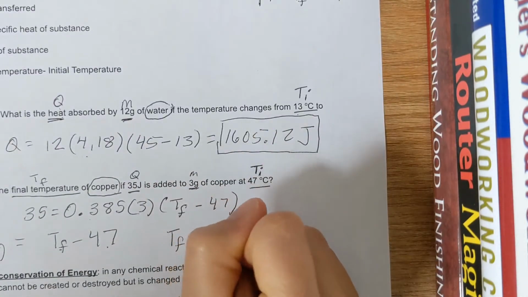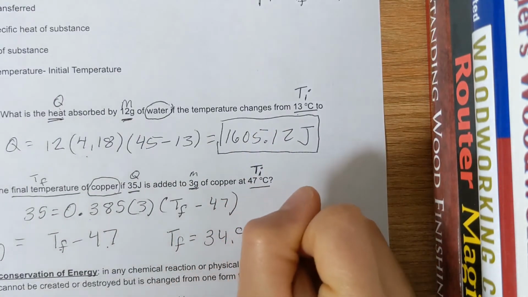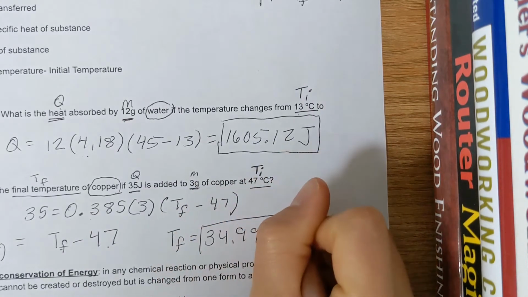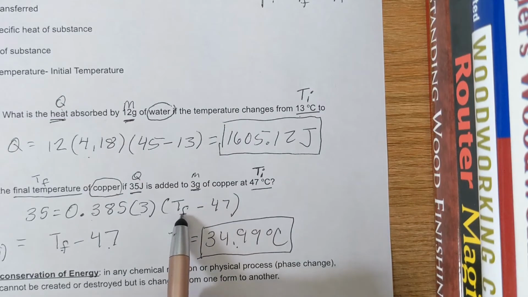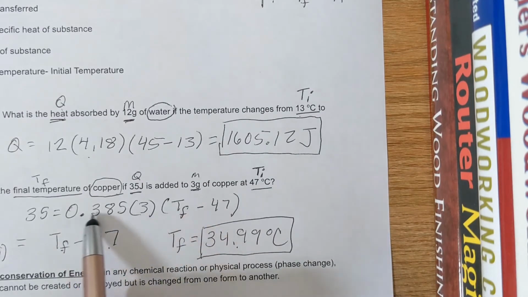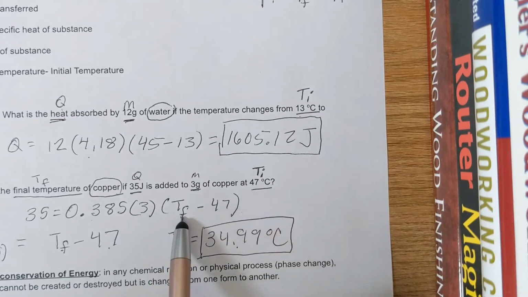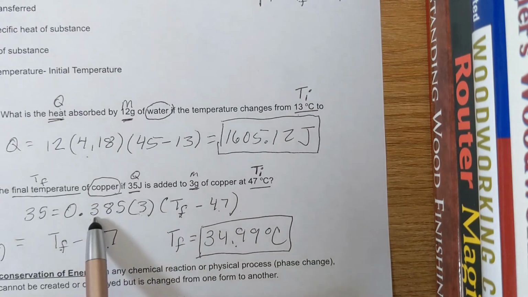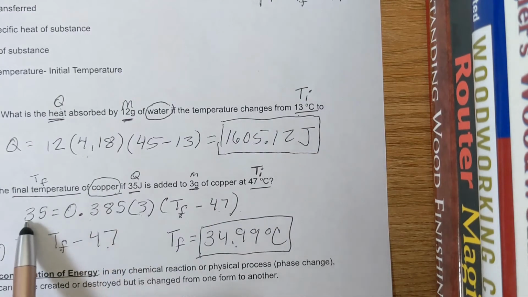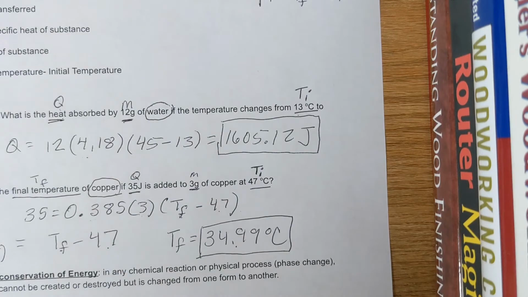But 34.99 degrees Celsius. What's cool about these problems is you can check yourself. So if you put 34.99 into TF and you work this out, so you would put 34.99 minus 47 in your calculator, enter, and then times by 3 and times by 0.385, you'll actually get 35. So that's a way you can check yourself, which helps.